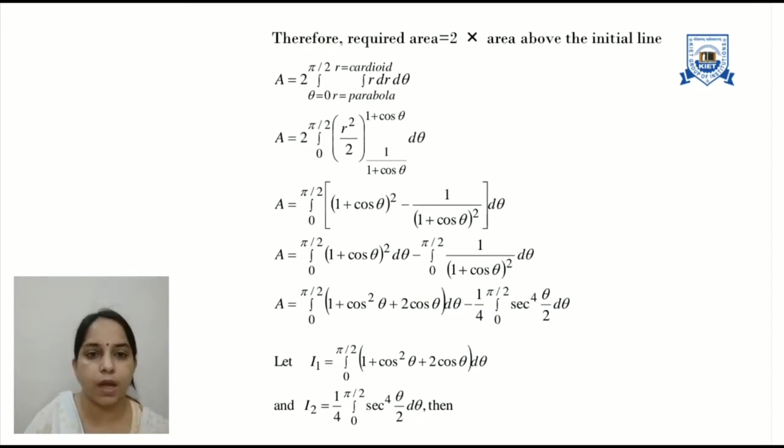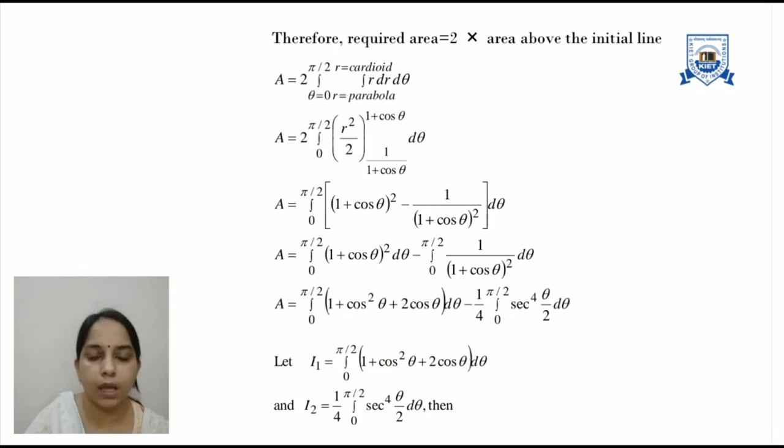So putting these values in the formula of area and following the rule, required area equals 2 into area above the initial line, we get A equals twice the double integration from r of parabola to r of cardioid, theta from 0 to pi by 2, of r dr d theta.